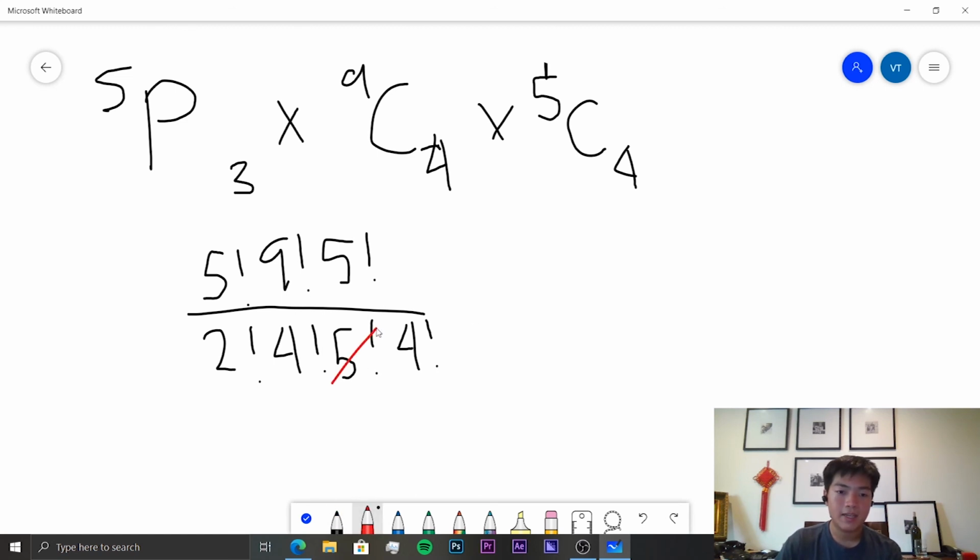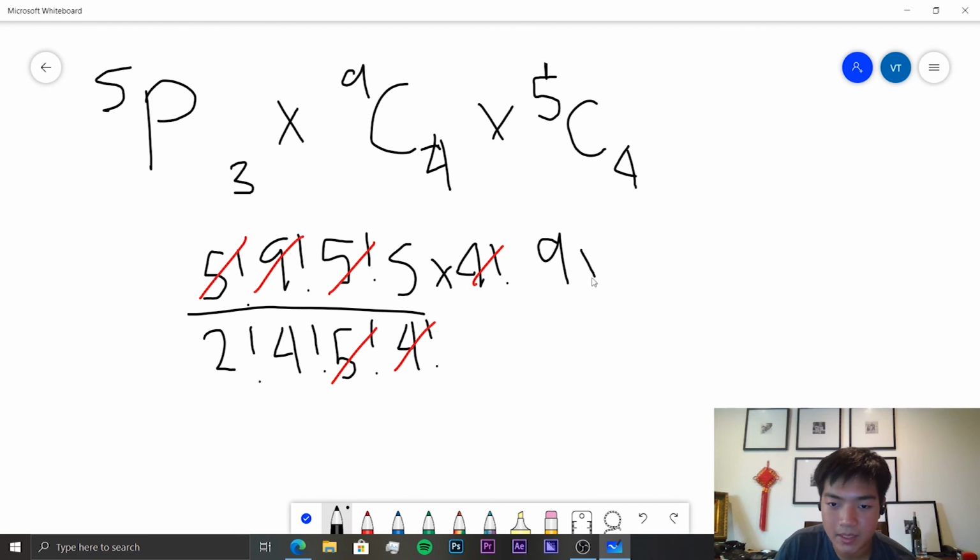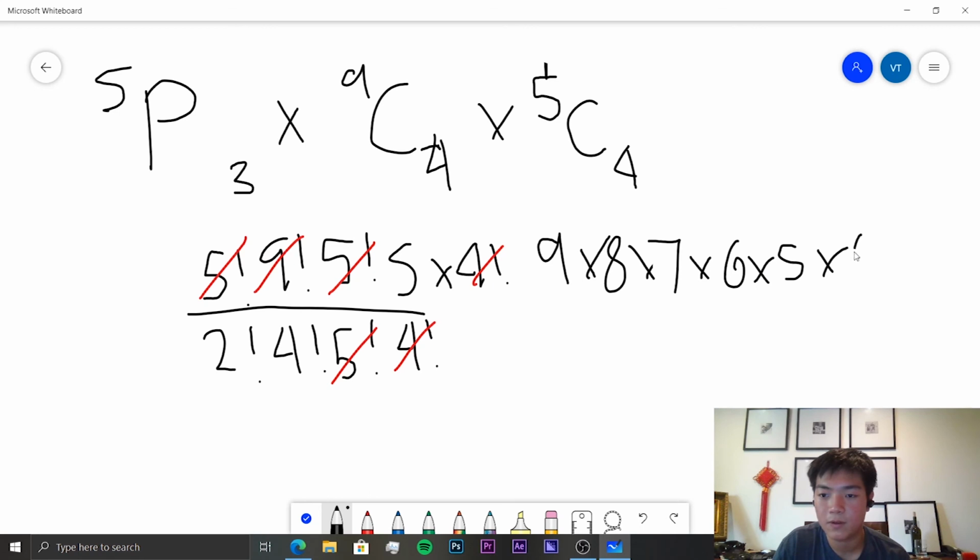Okay, straight away we can cancel out these 2 5 factorials, and we know that we can write 5 factorial as 5 times 4 factorial. So we can cancel out another 4 factorial. Next, we can write 9 factorial as 9 times 8 times 7 times 6 times 5 times 4 factorial.